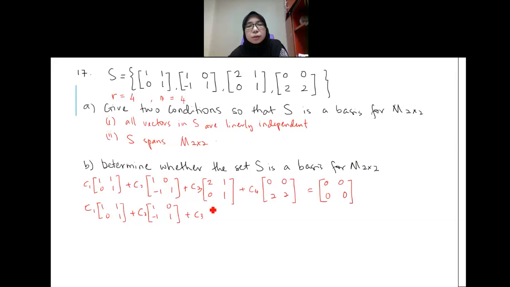Practice will help you remember the steps and how to give a good solution, good working. Spanning, write an arbitrary vector A, B, C, D. The first linear combination is for linear independence, and the second is for the spanning set.